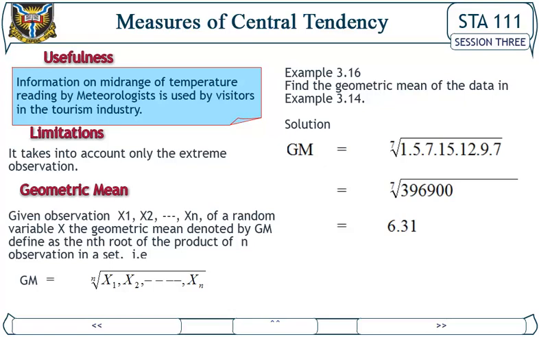Example 3.16. Find the geometric mean of the data in example 3.14. Solution. GM is equal to the 7th root of 1, 5, 7, 15, 12, 9, 7, which is the 7th root of 396,900, which is equal to 6.31.